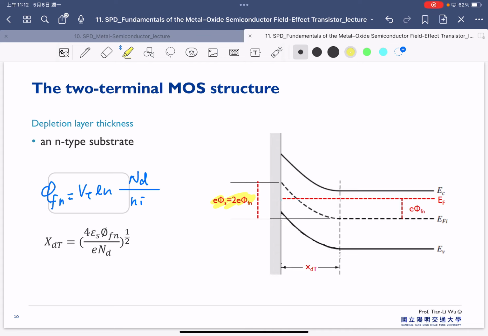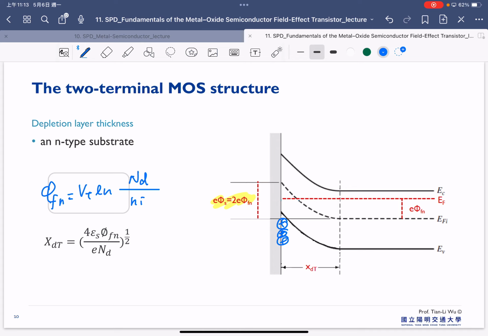Above this condition, we start to have very strong hole inversion here, and therefore we start to have the hole current here. So this is a case that we consider as a P-channel MOSFET.